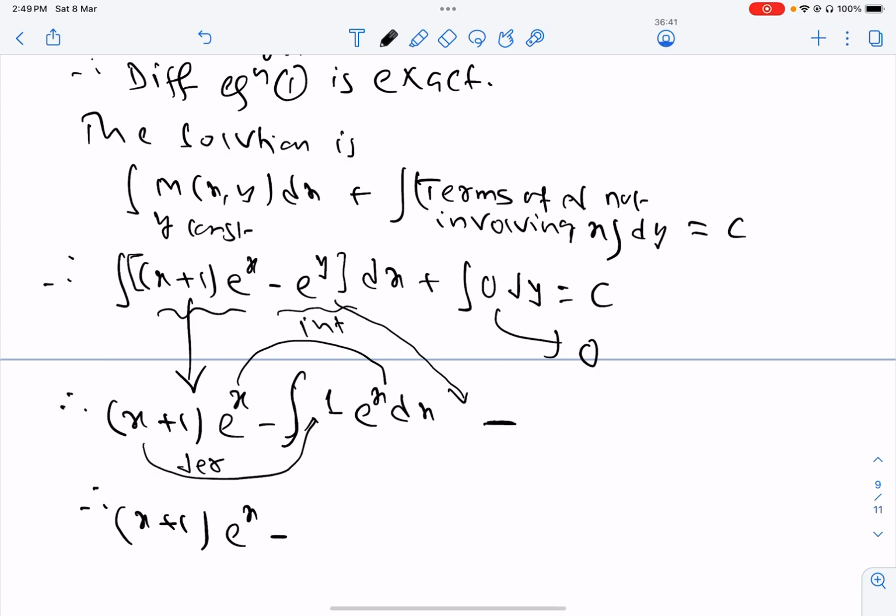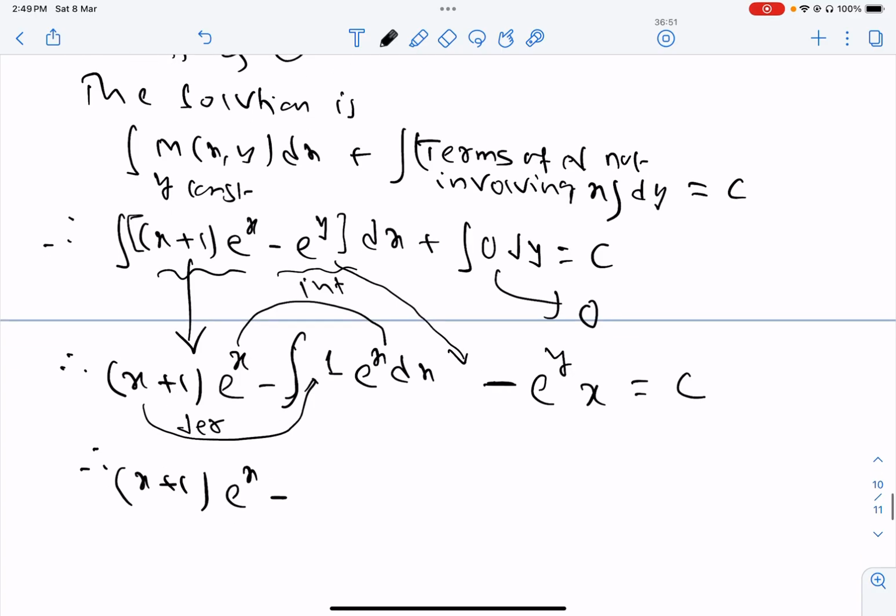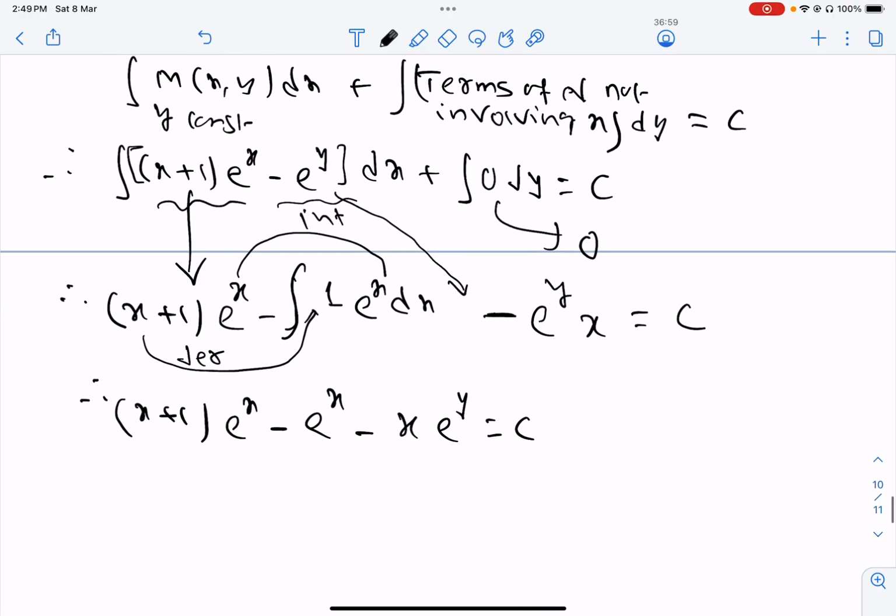So minus, what is the integration of e power y? e power y is constant, so e power y, and the integration is x, equal to c. Fine. So this is x plus 1 e power x minus e power x minus x e power y equal to c. And this e power x gets cancelled.